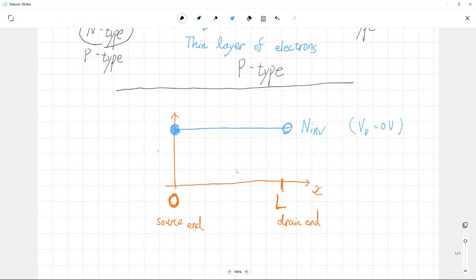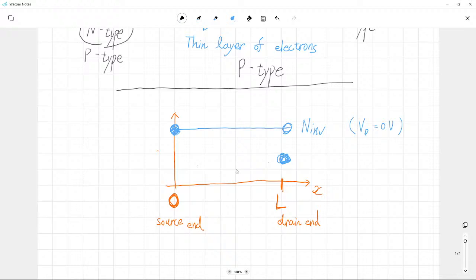So that becomes the starting point of our discussion and complication. If the channel is still uniform, regardless of the value of our applied drain voltage, then everybody will be happy. So let's assume that case. Although you change your drain bias, nothing happens to your electrons. Electrons are still there.